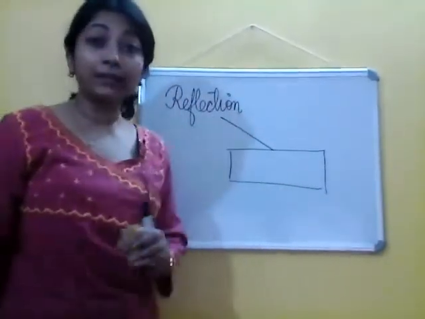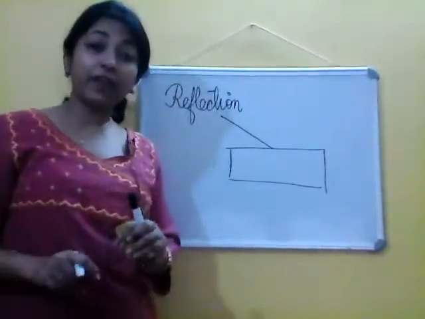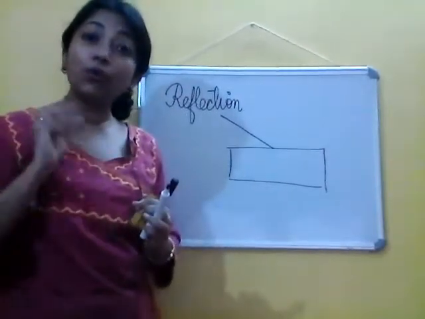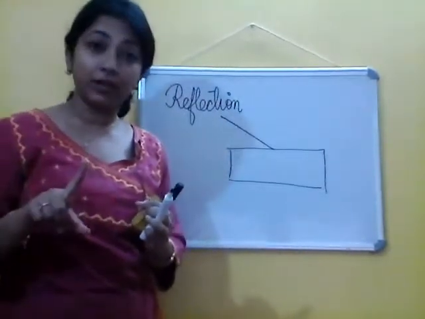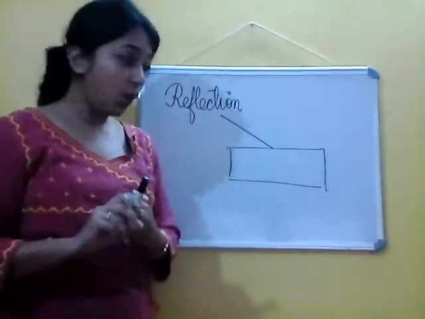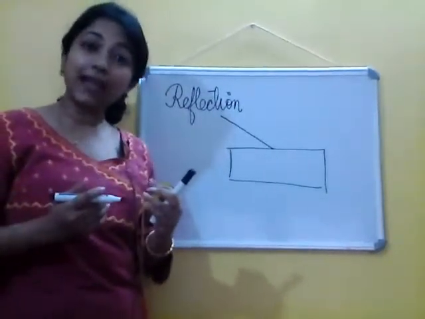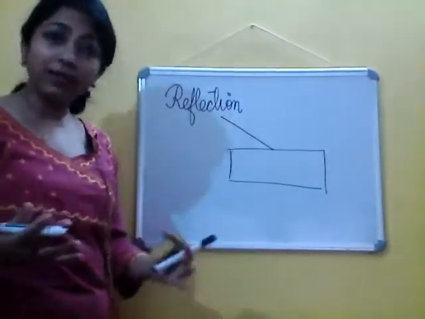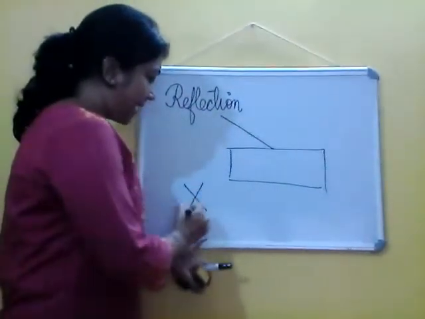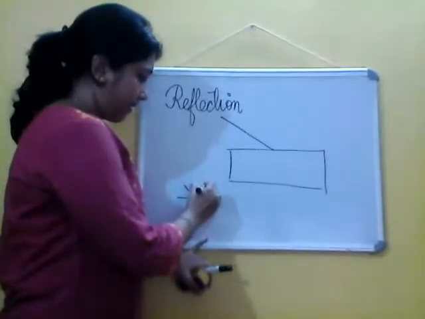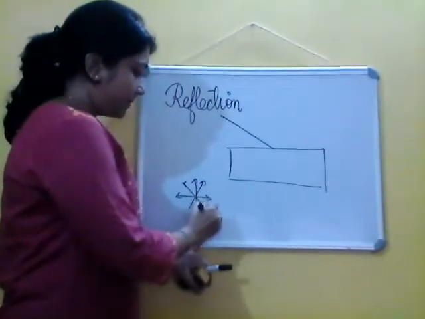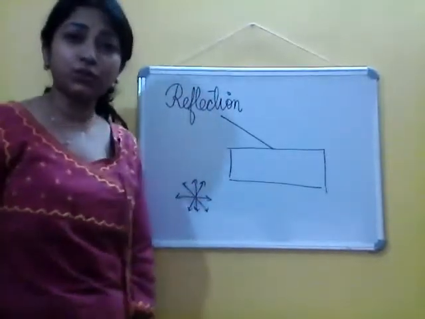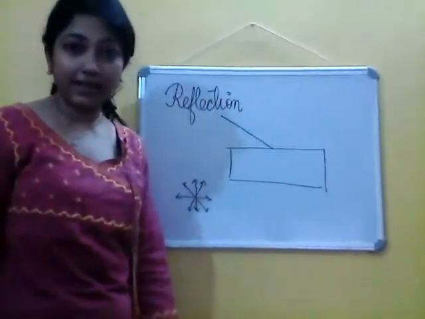Now, before I draw the diagram, it would be good if I tell you how we generally denote polarized light and unpolarized light diagrammatically. Since in unpolarized light the electric field vector can be in all directions, generally we draw it like this. So this kind of figure can be used to denote unpolarized light.